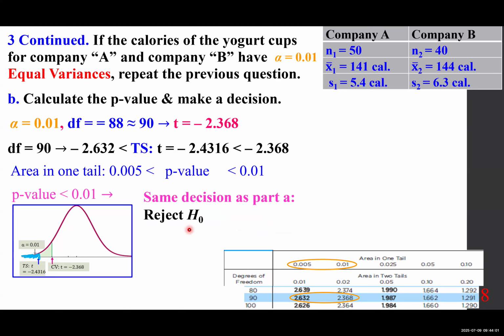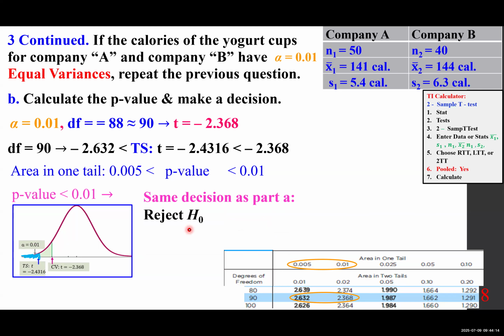Now, let's look at the technology. We use two-sample t-test. And when we go through the process, it says pooled, we say yes.